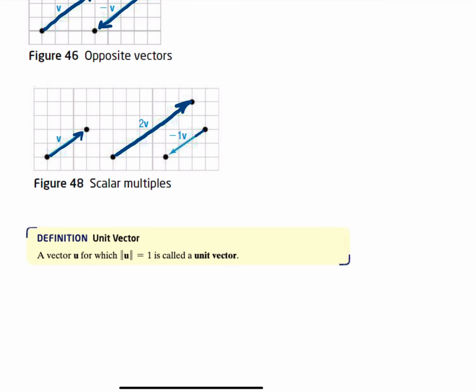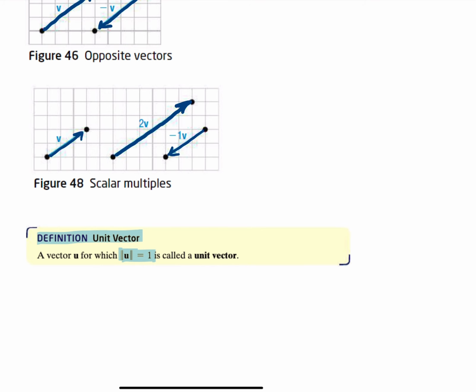And here's another example of a negative reversing the direction. And then we have another definition of what we'll call a unit vector, which just means a vector of magnitude 1. So the magnitude is equal to 1, it's a unit vector. It can have any particular direction, but if its magnitude is equal to 1, we'll call it a unit vector.